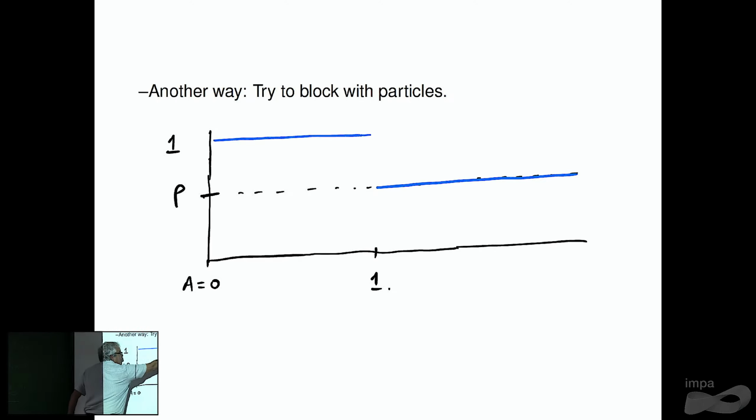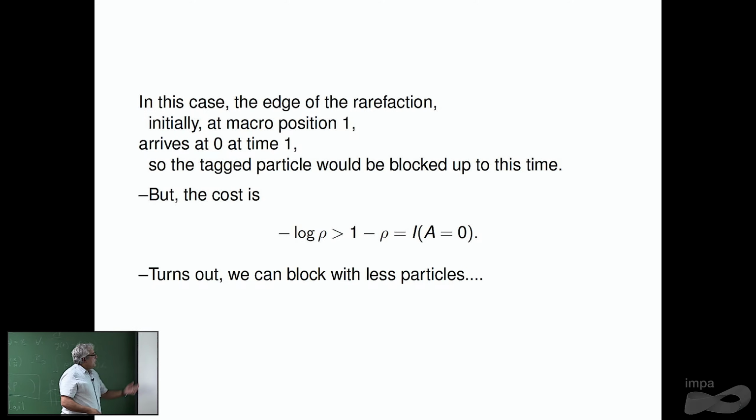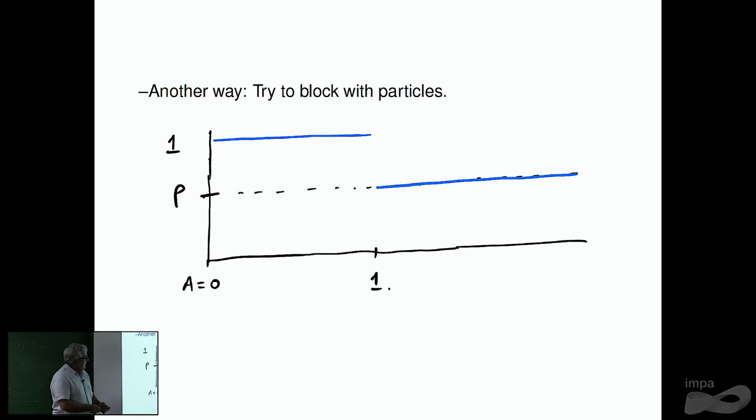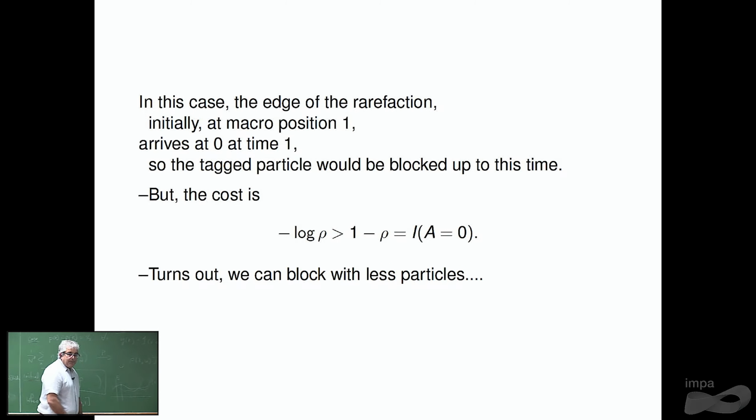This will come back to here in time 1, and so you might think that's the way it actually is achieving this, but if you actually compute the relative entropy of Bernoulli, where you have this success probability and then the usual one over here, the relative entropy cost is minus log rho. That's bigger than 1 minus rho. So that's also not correct.